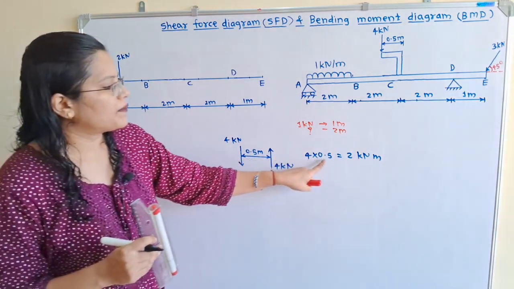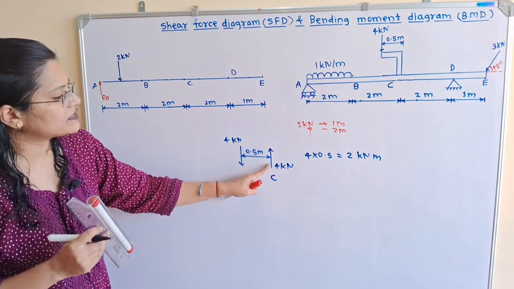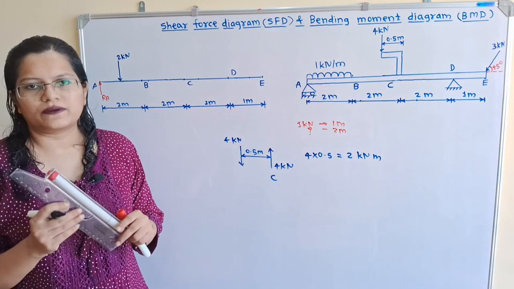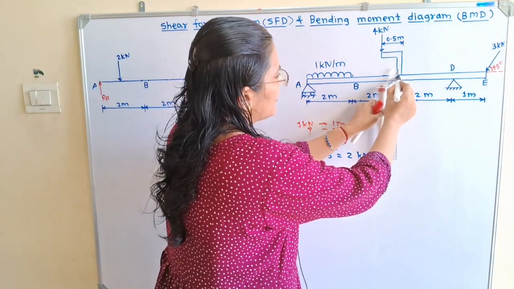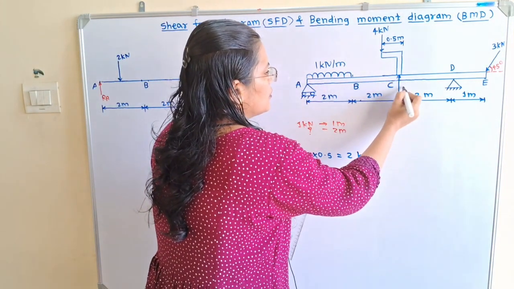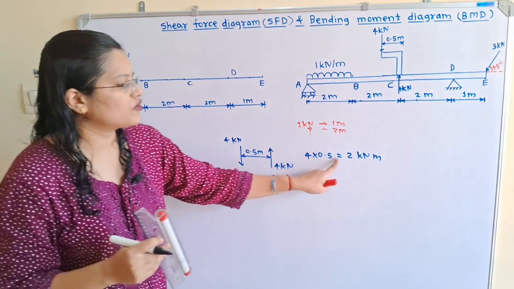So this is the couple of 2 kilonewton meter, but here we have added an extra load of 4 kilonewton at point C for the formation of the couple.